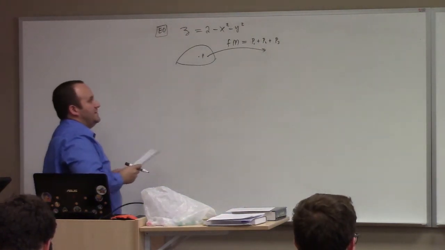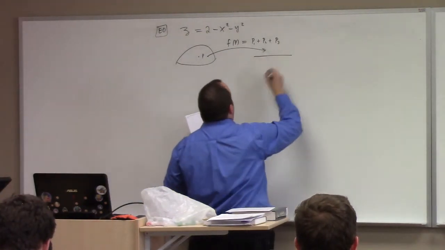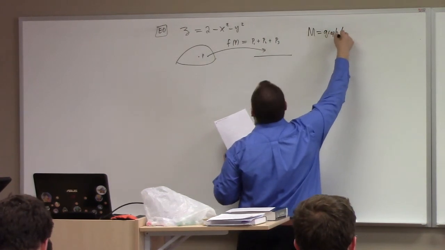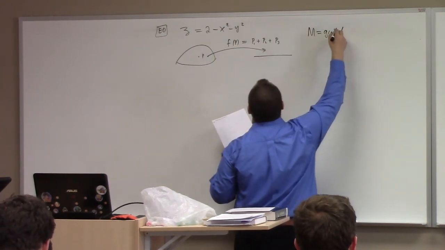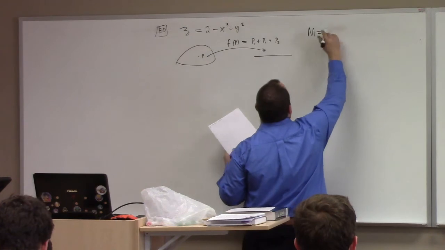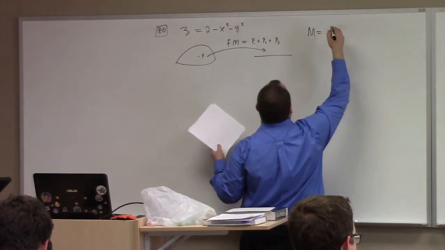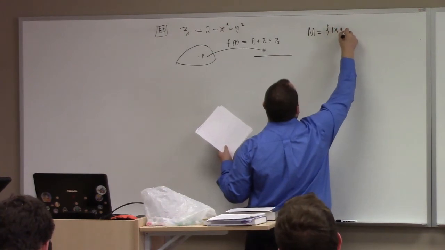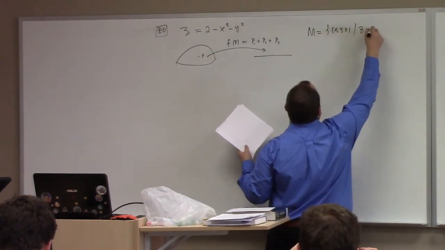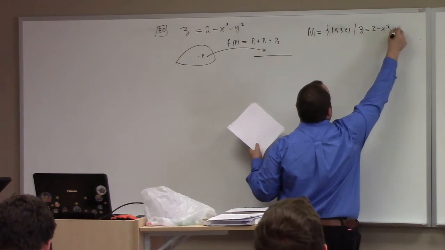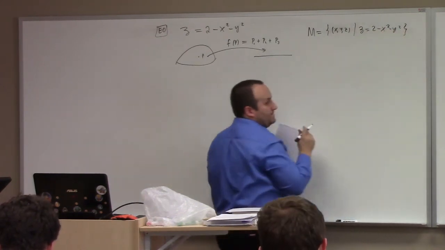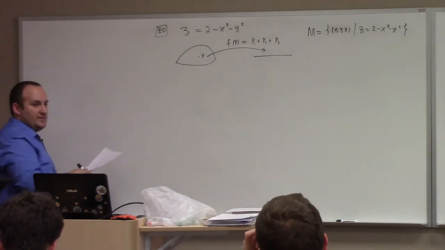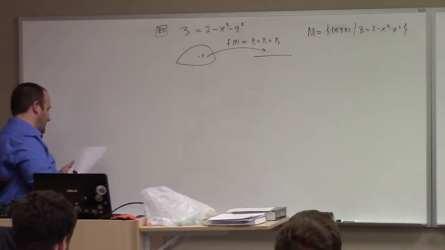This is going to be the function I look at, and M is going to be the graph of the set of (x, y, z) such that z is 2 minus x squared minus y squared. It's the graph of that downward opening paraboloid, I think.